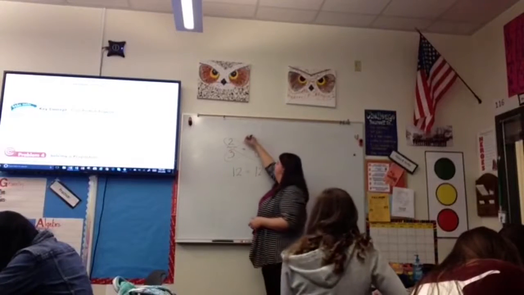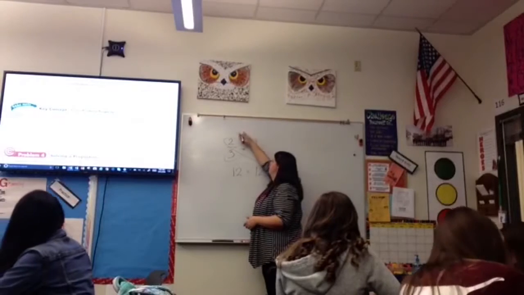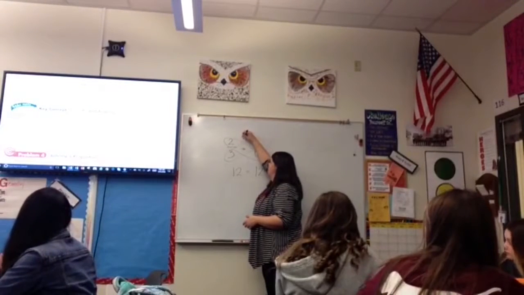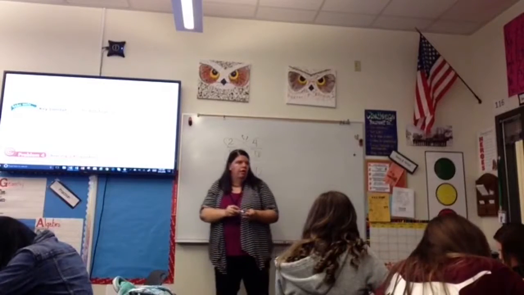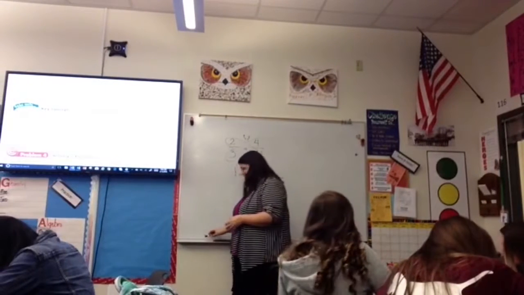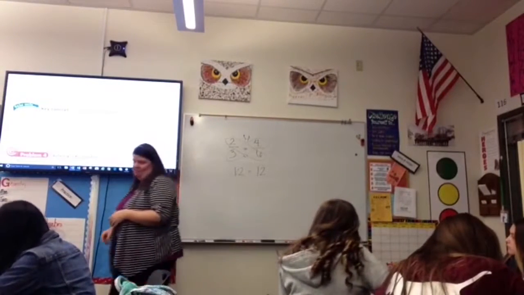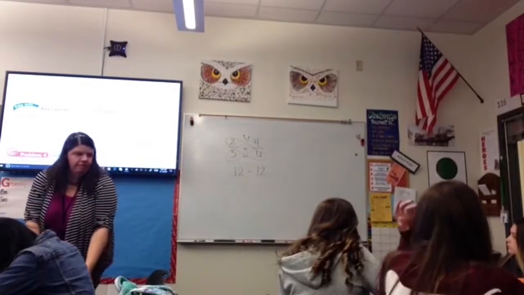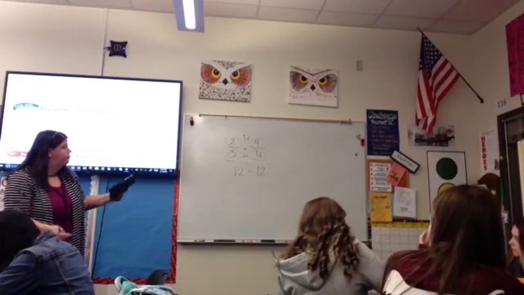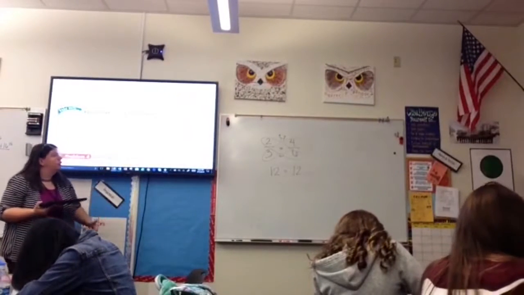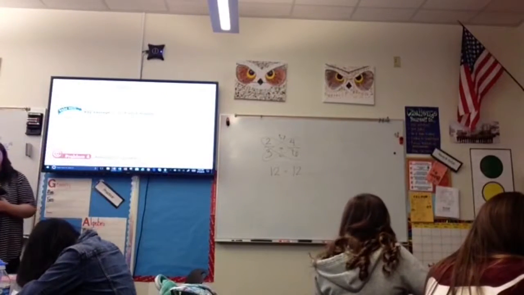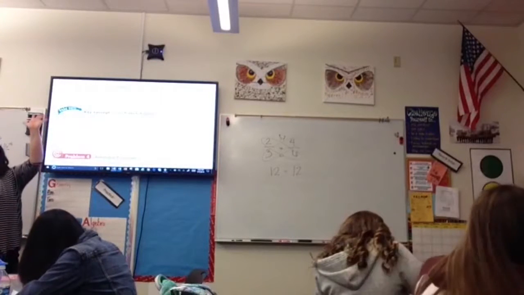And yes, it does happen to look like a butterfly. It's a method that was used to solve proportional relationships, but it's actually cross products. How many of you have heard of cross products before? Raise your hand if you've heard of cross products.